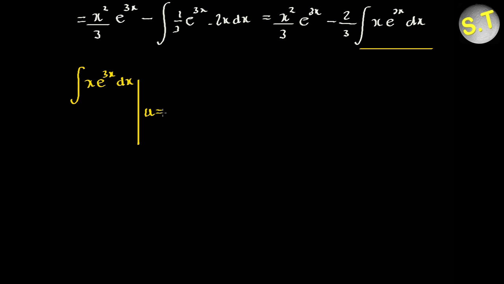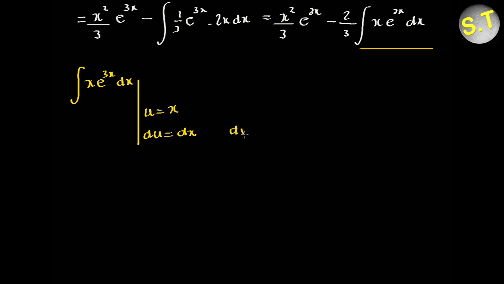Once again, we want to choose a u value that will simplify somewhat. So if we choose u equals x, we have that the derivative du by dx would be equal to 1. So dx can come up here, so du equals dx.